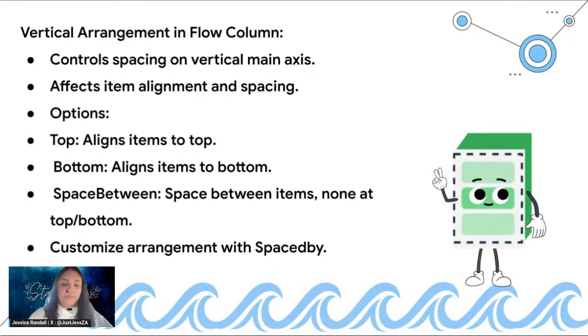Instead of start and end, we have top and bottom, and the space between the items is space between the items, but none at the top or at the bottom. And you can also use customized arrangement with spacedBy for vertical arrangement in flow column.